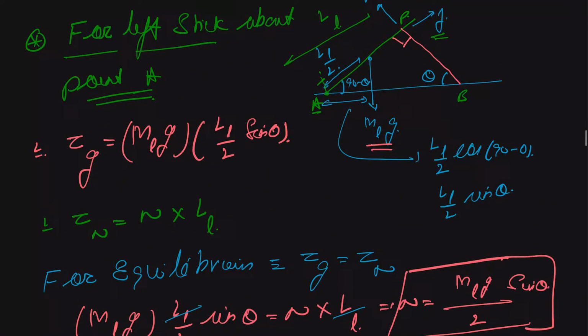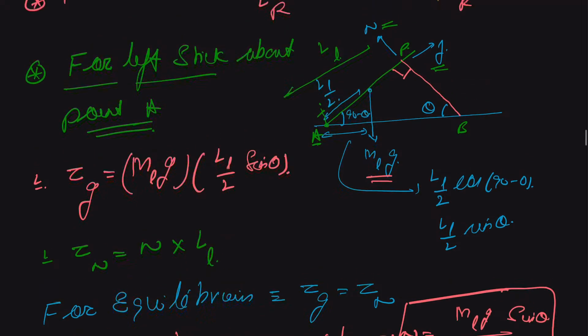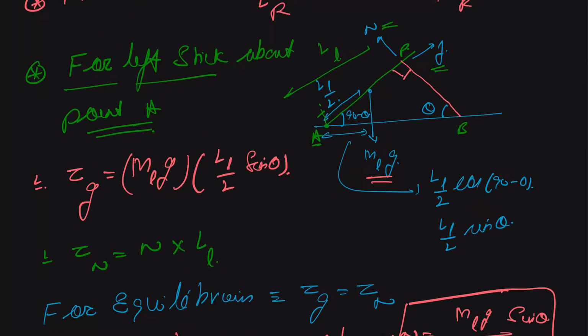Okay, anything else? And similarly we can do it for the other one also, PB. So in the downward direction, we are going to have the mass of the right, G, and this will be the length of the right divided by 2, and we will have this cos of theta.